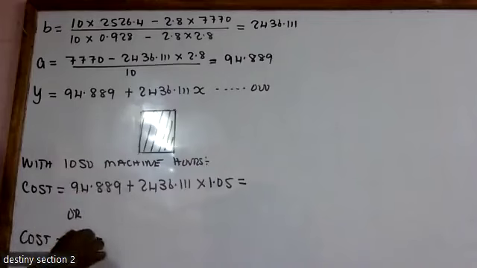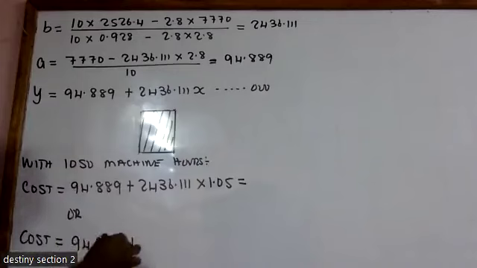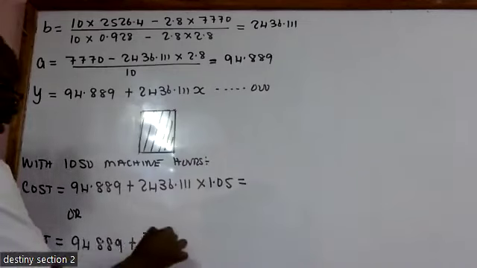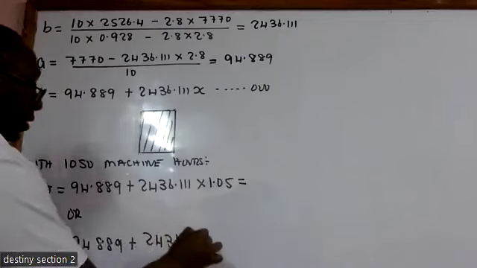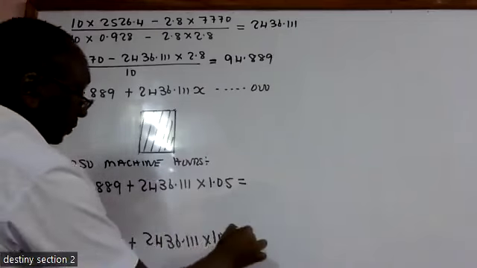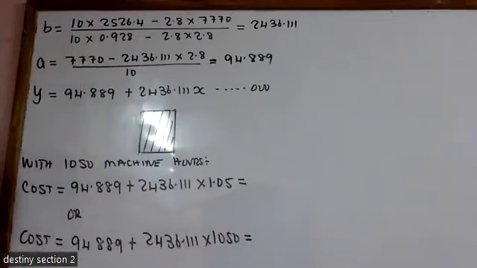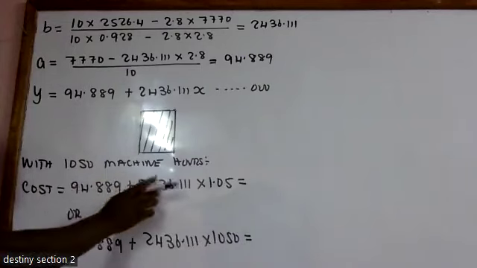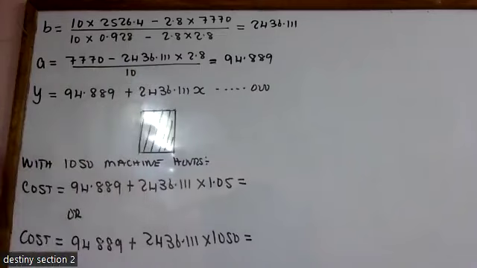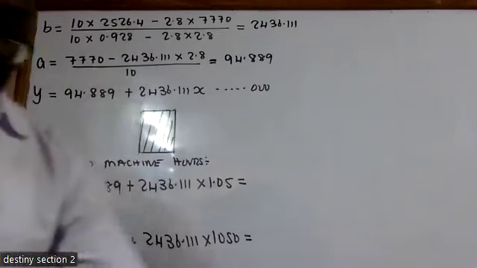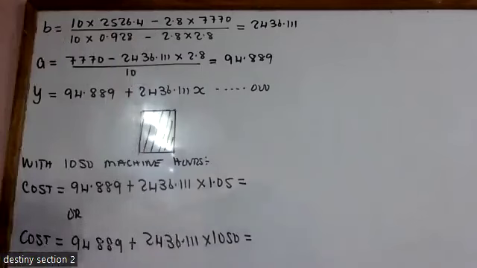So it will be 94.889 plus 2436.11 times 1050. So if you want to take it back, you only change A. B remains. Remember, B is a ratio. So either of those two ways.